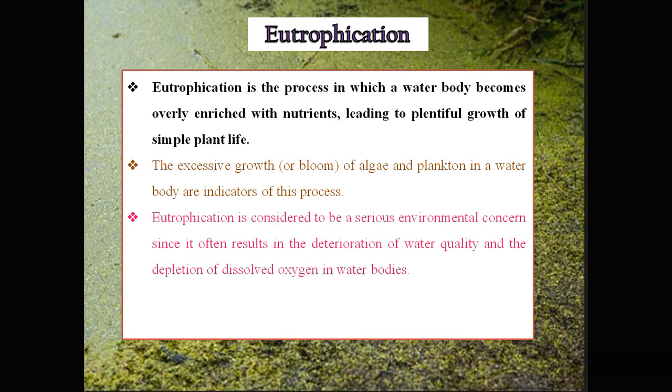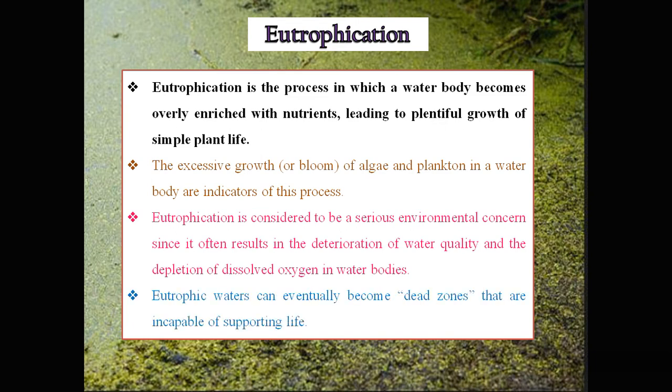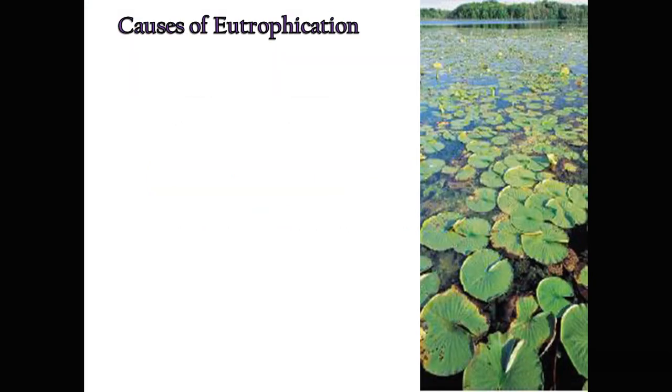Eutrophication is considered to be a serious environmental concern. Why? Because it often results in the deterioration of water quality and the depletion of dissolved oxygen in the water bodies. Eutrophic water can eventually become dead zones that are incapable of supporting life.